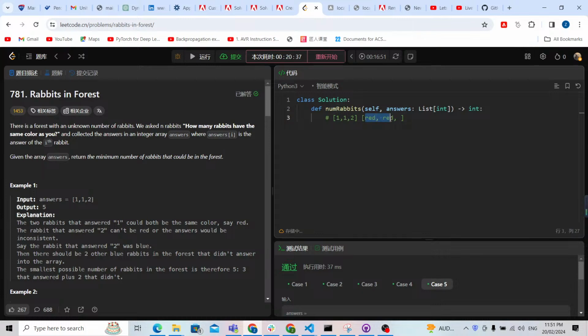My color is red, and I know there's another rabbit whose color is also red. So it is straightforward, it could be the same color. This is going to be the minimum. So in total, it's going to be 2 up to here, 1 and 1.